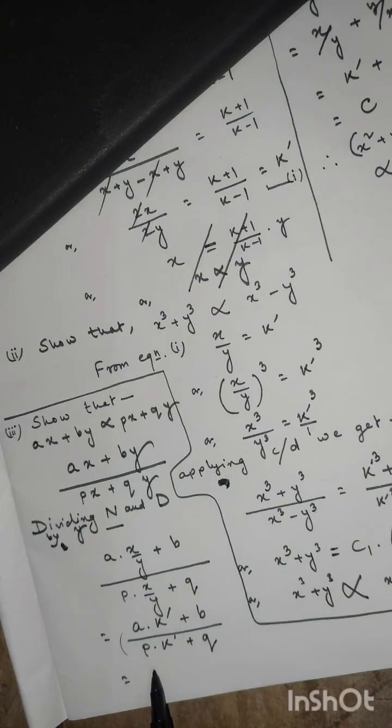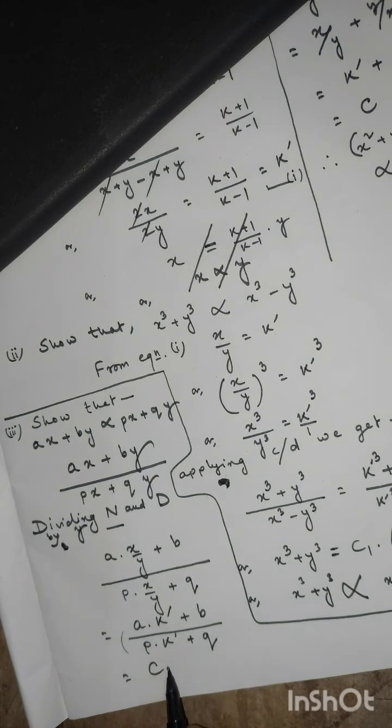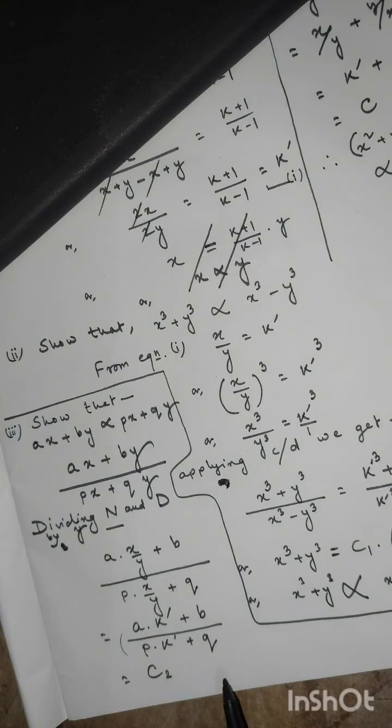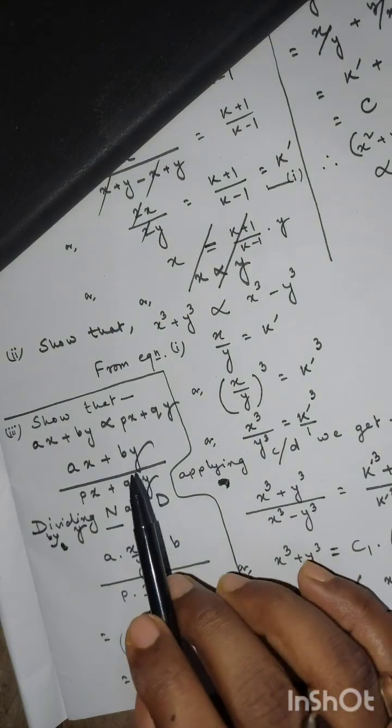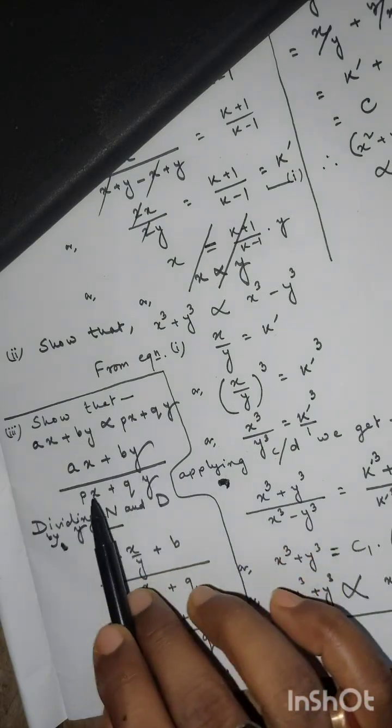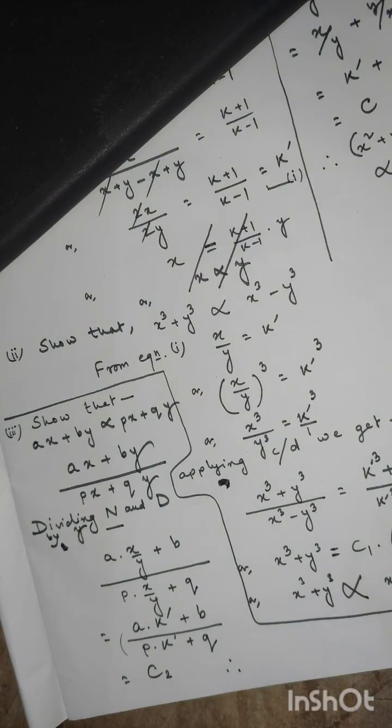So this is a new constant. We can say this is C2. Therefore, as the ratio of these two quantities is a constant, we can infer from that these two quantities will be directly related.